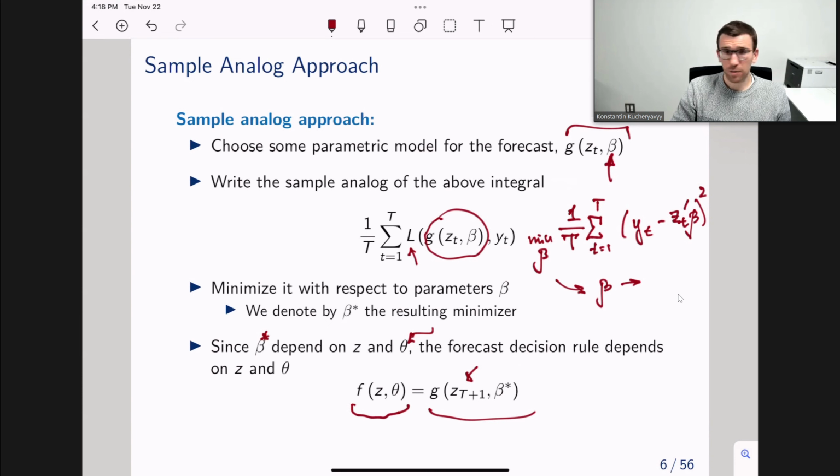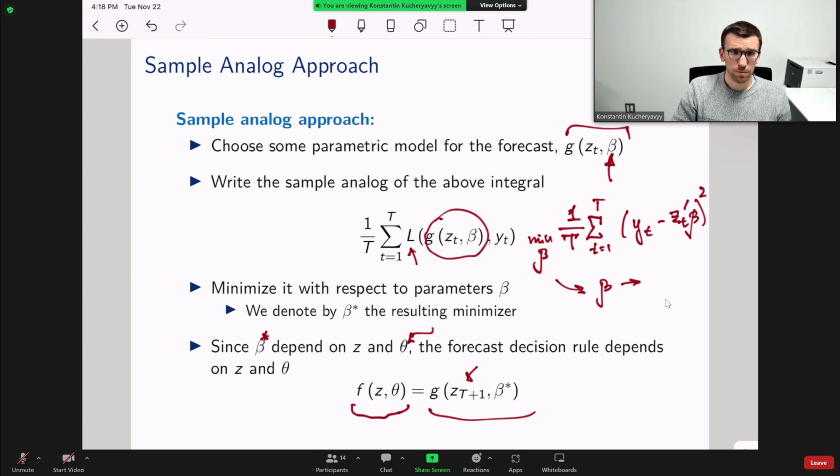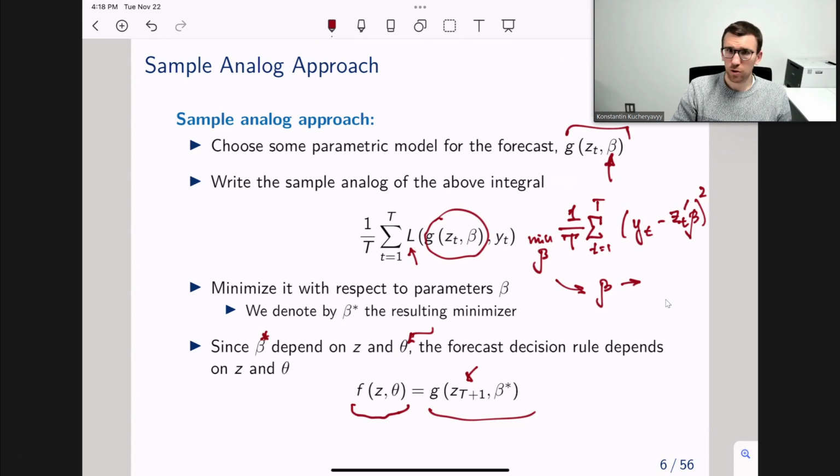And this might seem super intuitive and easy. You just choose any parametric model that you think is the appropriate model. You choose any loss function that you think is the appropriate loss function, and you go with it.